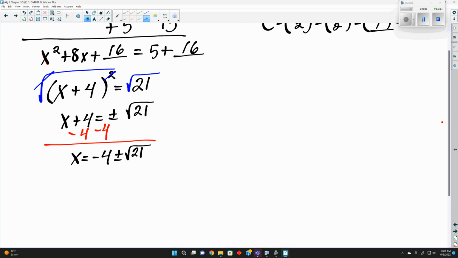Now, if I wanted to approximate, I would plug this in and this in. I would plug those in as a whole and tell it to approximate the decimal, or plug it into the graphing calculator and hit enter, and it'll approximate the decimal for me there. And the reason I do this is because if we did it the other way and we approximated it here, that means I have an approximation and then an approximation, so we're having to round twice, realistically, to get the answer.